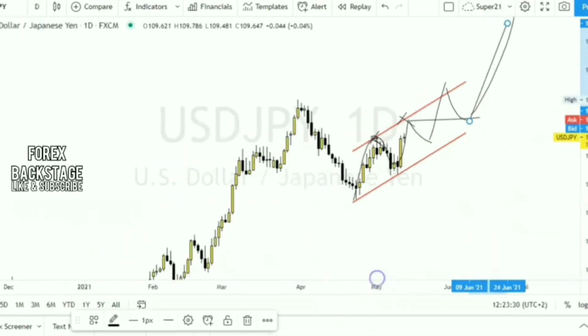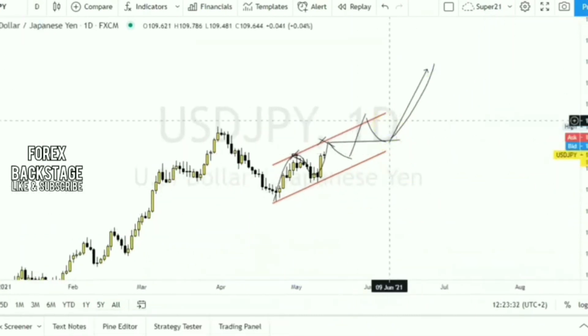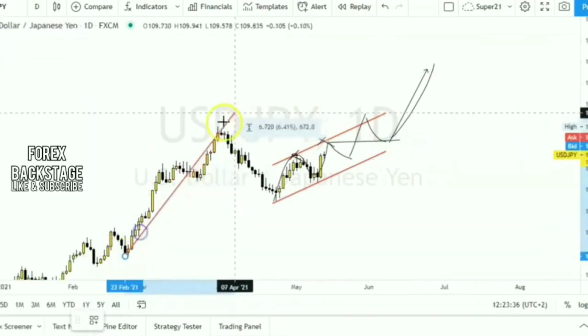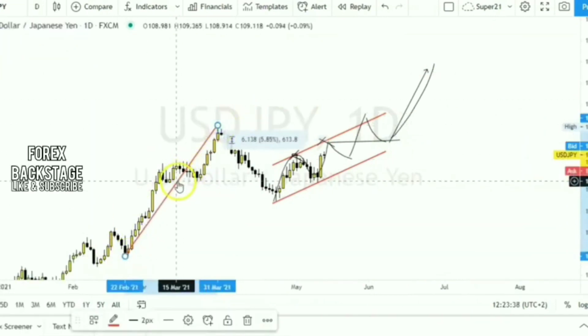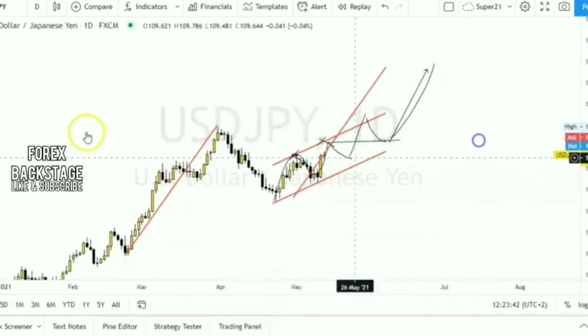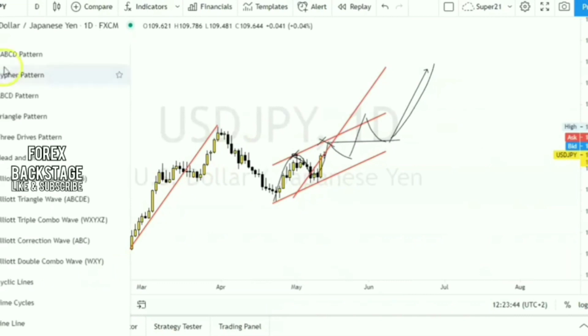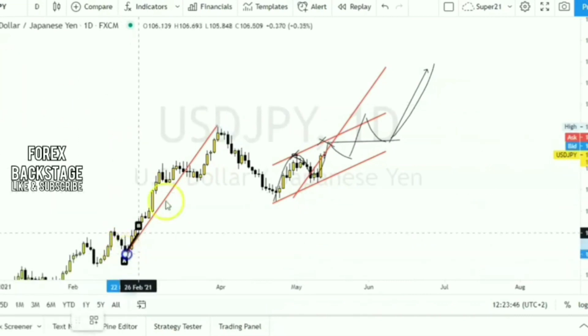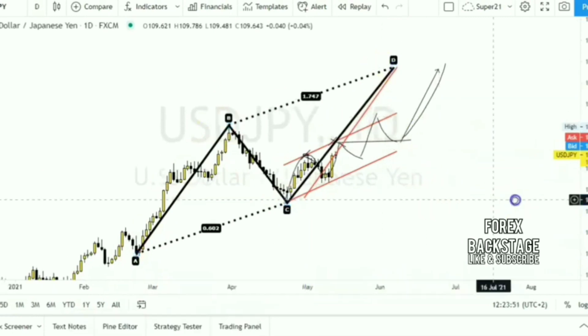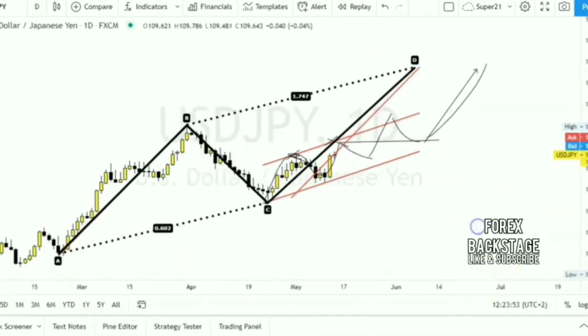So this is the whole ABCD structure targeting this area.